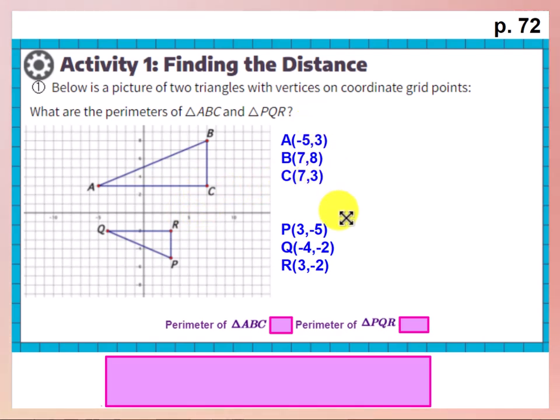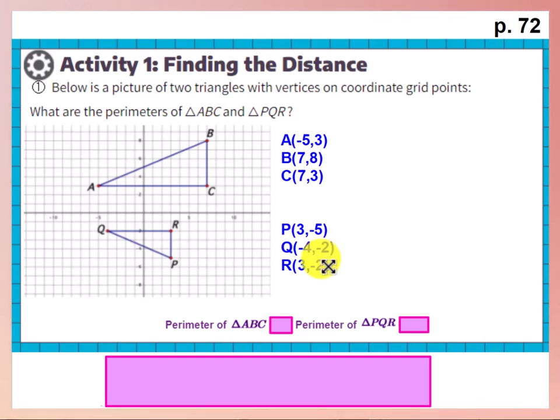Now since we're labeling the points and we're stacking them, I'm going to go ahead and label the points on that second triangle. So I'm going to go in alphabetical order. P, Q, R. Point P is 1, 2, 3, 3 to the right, and now we're going to go down. 1, 2, 3, 4, 5. So that's a -5. Point Q, I'm going to go to the left, so that's a negative direction. 1, 2, 3, 4, -4. And down 2, so that's -4, -2.